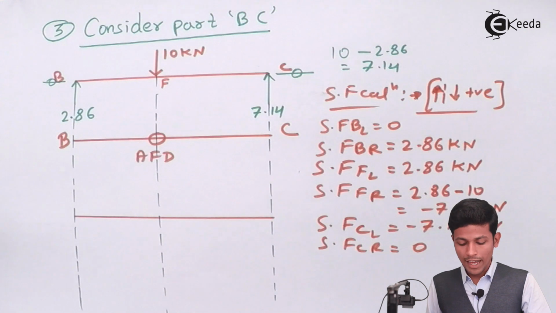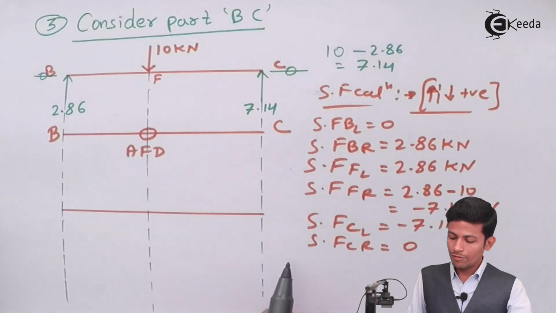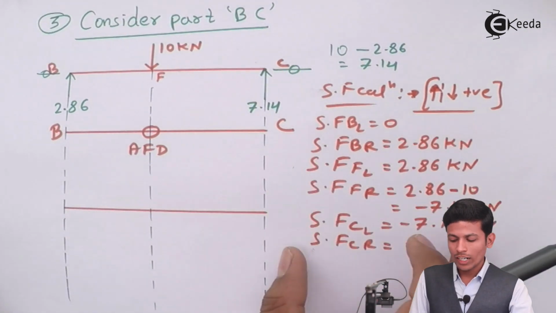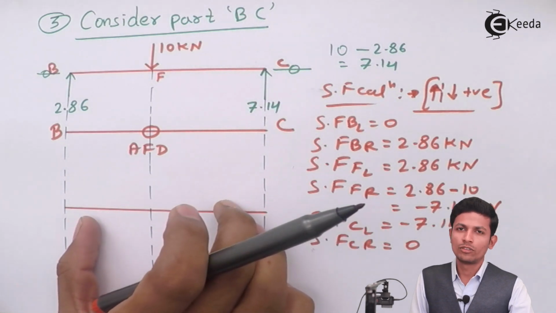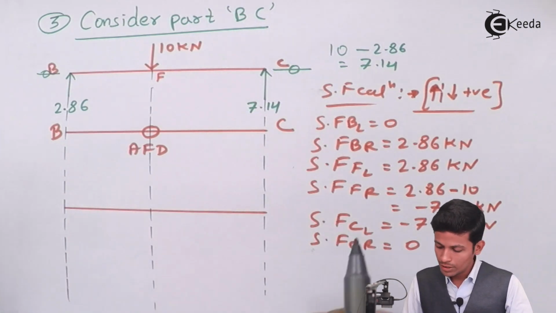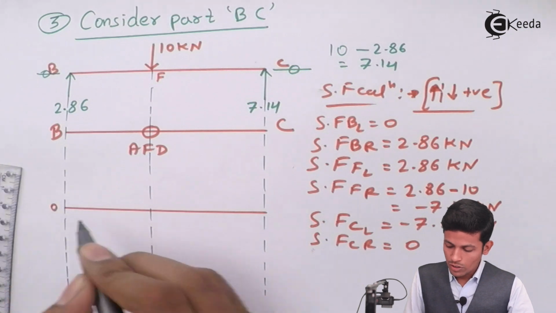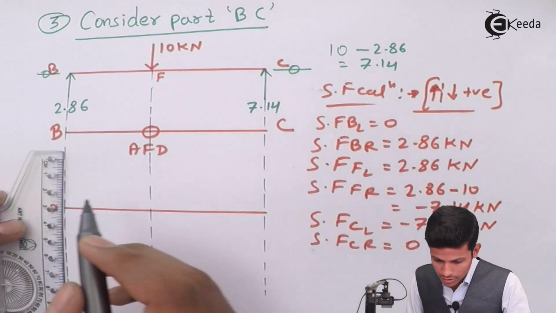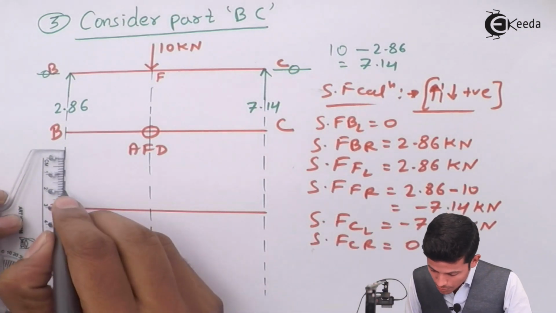Now draw the SFD diagram. We have written the values over here, and you can also solve directly over here. Start with 0 and then 2.86 positive, going up over here.